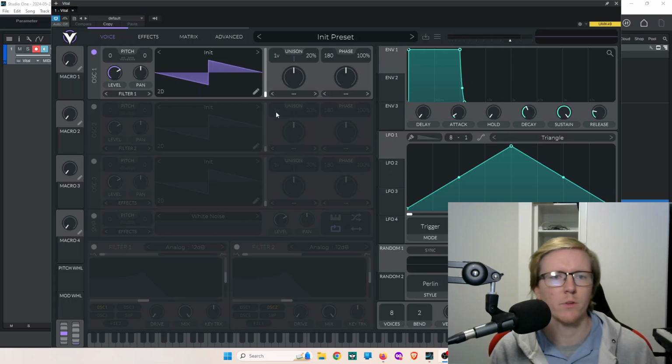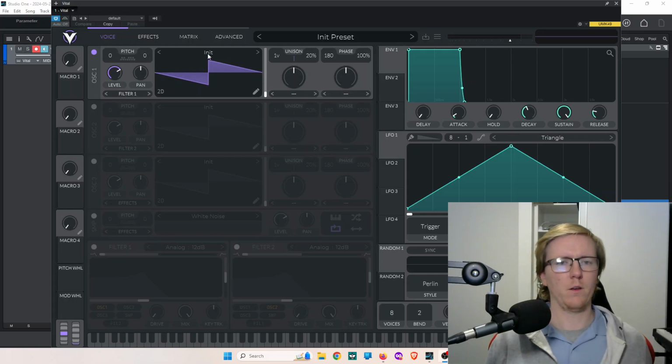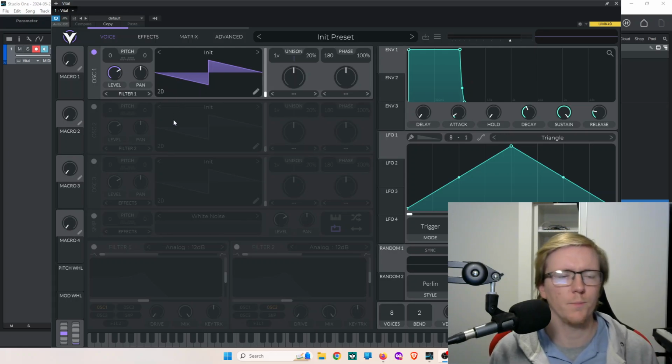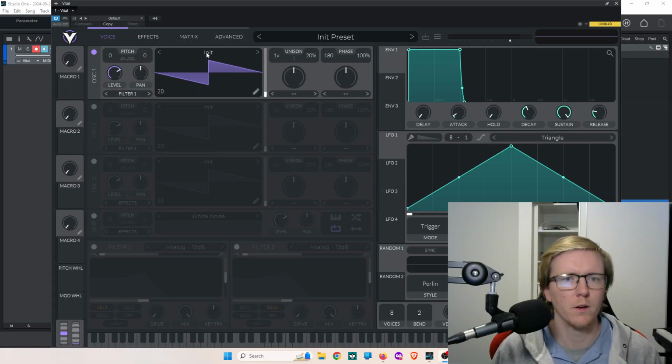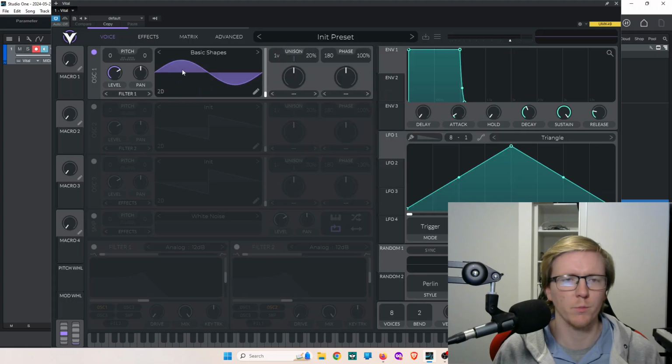So for this video, we're just going to be covering waveforms and the oscillator. What waveforms are, and just a little bit of stuff about them. So our oscillator is this section of the synth here, and that is basically where a sound wave is going to get produced. If we go into here, we can see we can choose from some different types of waveforms.